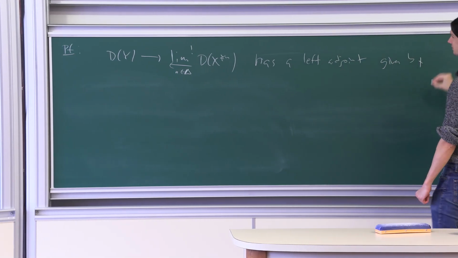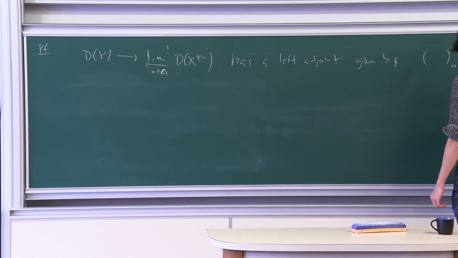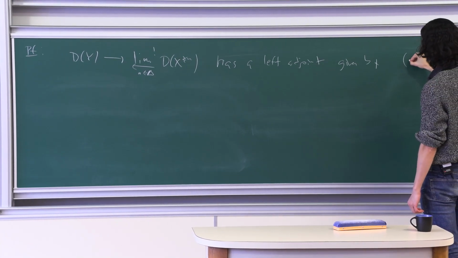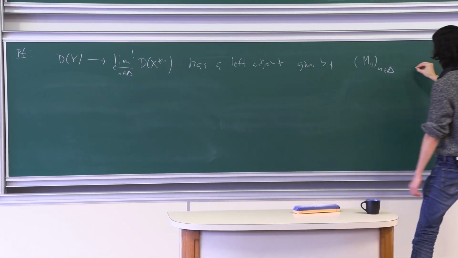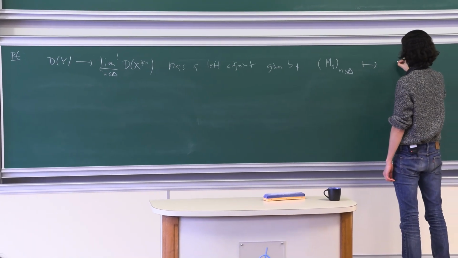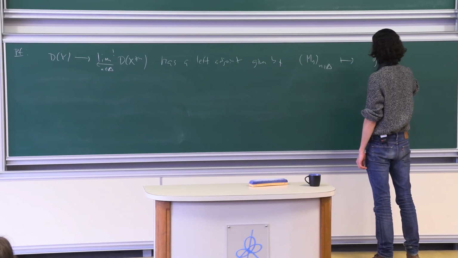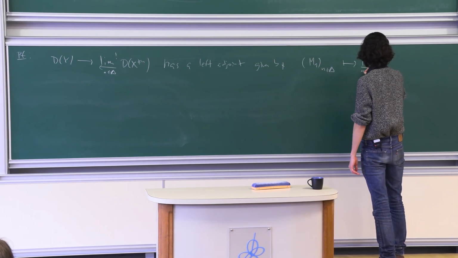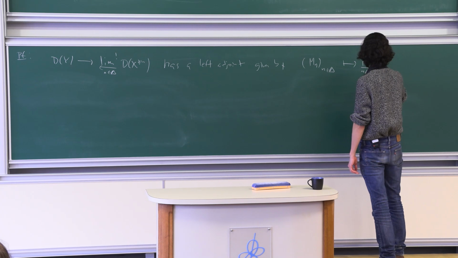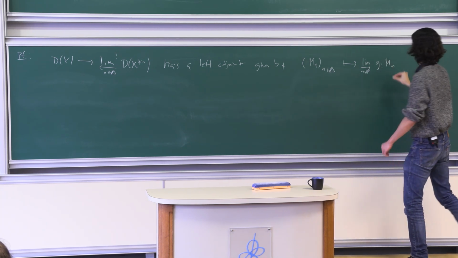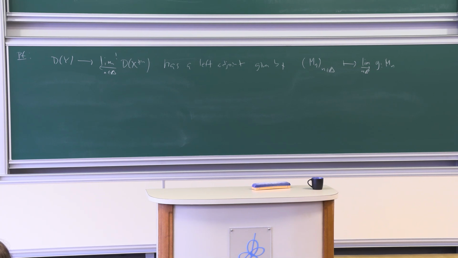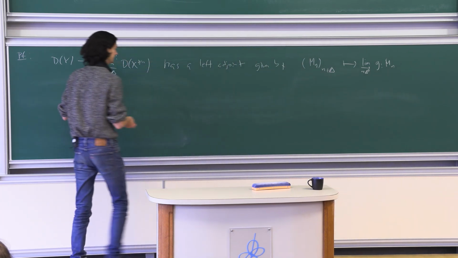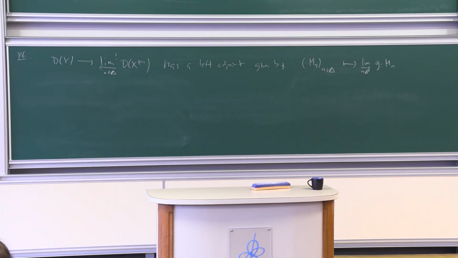Which is given, informally, so you have some collection of objects, and what you do is you take a colimit in this category D(Y) of the g lower shrieks of them. One has to make this precise. I believe Lurie has done it, but that's the gist of it.